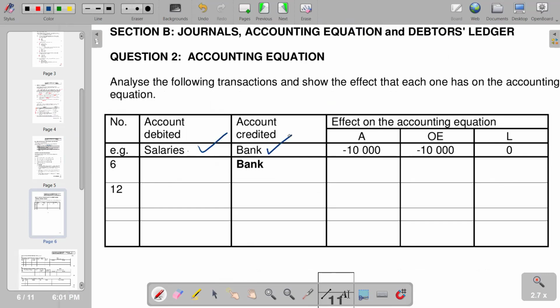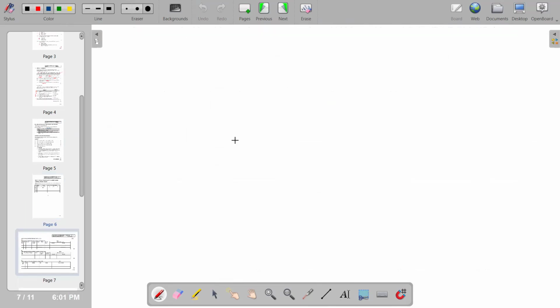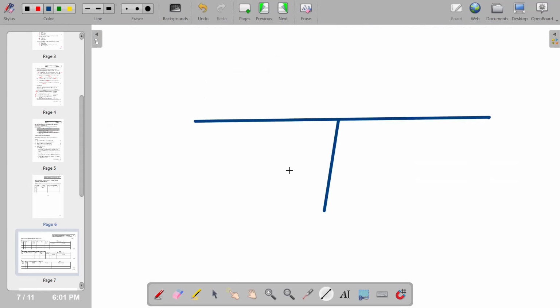Then in terms of the effect on the accounting equation, salary is an expense, and all expenses reduce owner's equity, so it's a negative on the owner's equity part. And when we credit an asset, it becomes a negative.